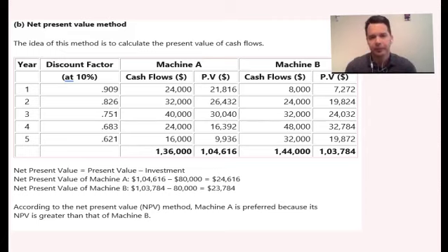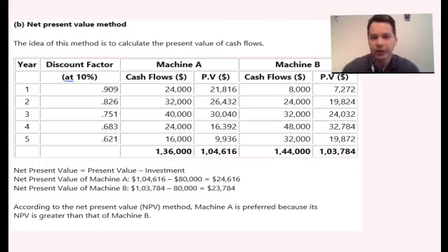All right, so we take a look at the net present value method. The idea of this method is to calculate the present value of cash flows, right? So we have, again, year 1 through 5. You see on the table we have the discount factor at 10%. Starting with year 1 would be 0.909, right?